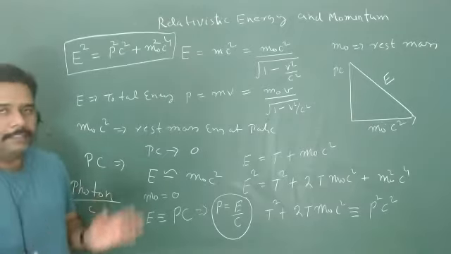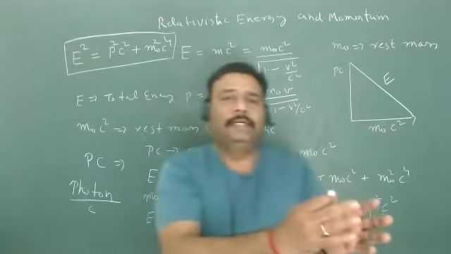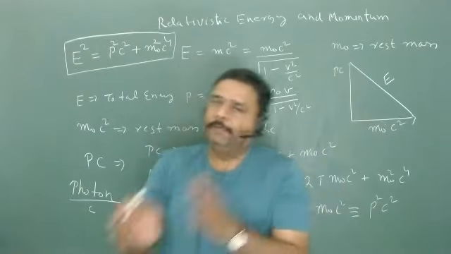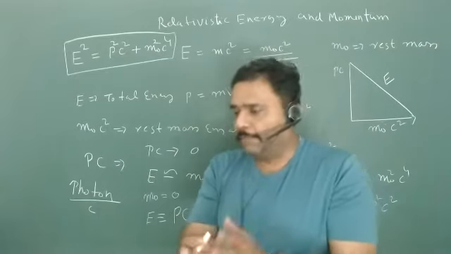The only particle which is moving with the speed of light is the massless particle, and we can claim this is nothing but the photon.